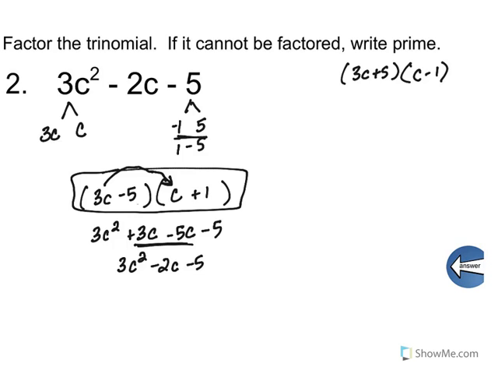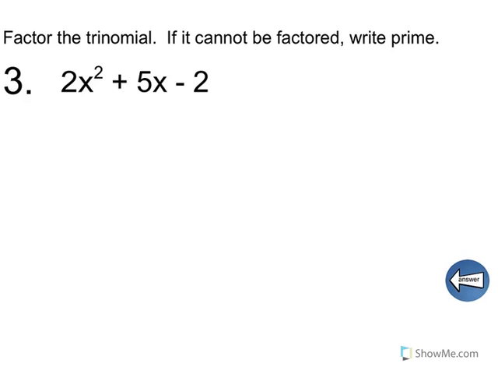So if I have 2 factors here, I've got 4 combinations, because I could put negative 1 in the first, or I could put negative 1 in the second. And then same thing here, I could put positive 1 in the first or positive 1 in the second. So if there are 4 numbers, 4 combinations. If there's 6 numbers, 6 combinations. So you need to go through all of the combinations before you say that a polynomial is prime.